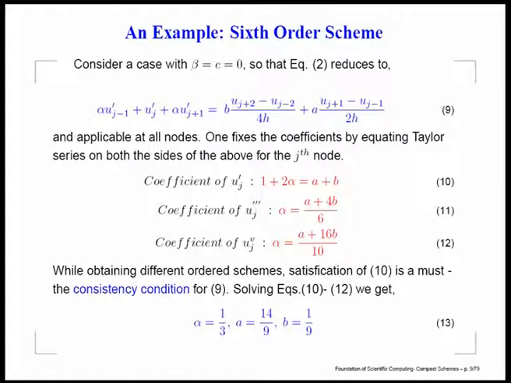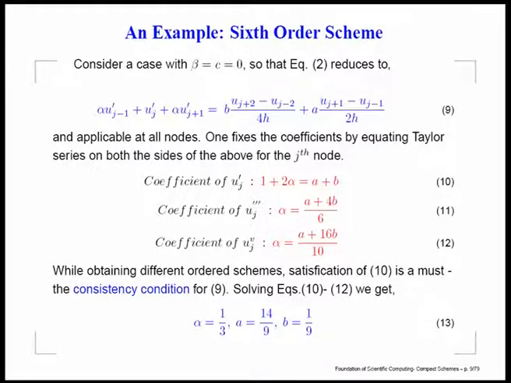The next coefficient was the third derivative term, and on the left hand side you get alpha, and on the right hand side you get a plus 4b by 6, and so on and so forth. So, these three constants are found by solving these three equations 10 to 12, and that is how you get the three values of these constants.